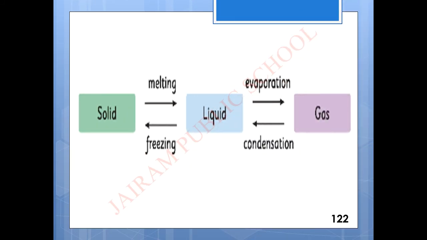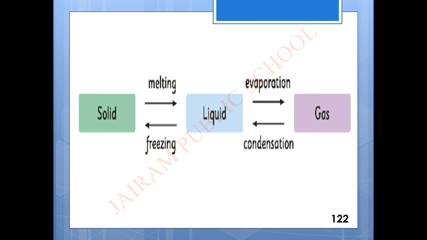So, a solid, when it is heated, becomes a liquid, and the liquid, when it is heated, becomes a gas, and gas, when it is cooled, becomes a liquid again, and the liquid, when it is cooled again, becomes solid ice. So, solid on heating becomes a liquid.